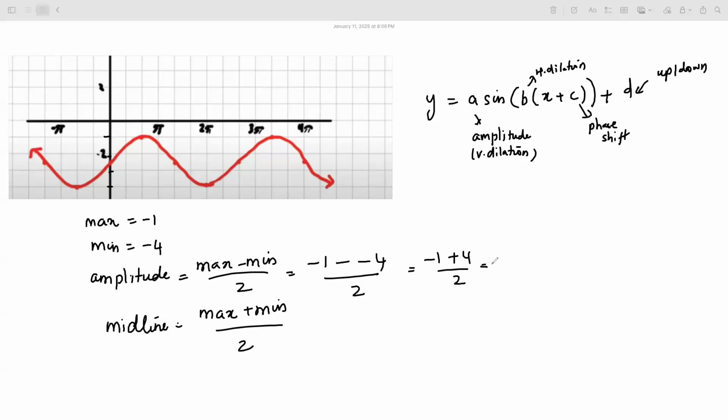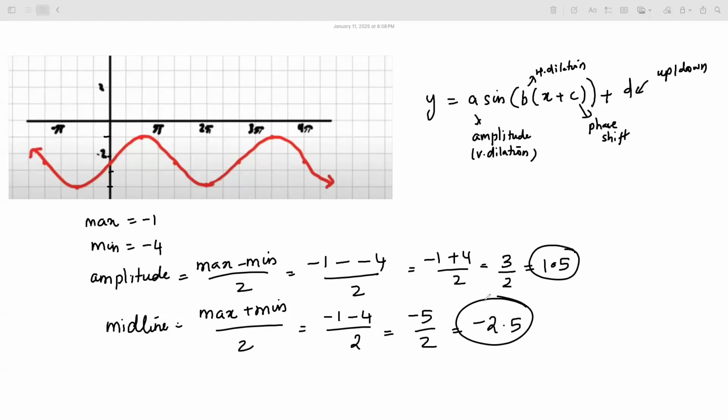Okay, max is -1, min is -4, so this will be -5 by 2, which is -2.5. This is 1.5. Is it correct? Yeah, that's what I got. Okay, good.